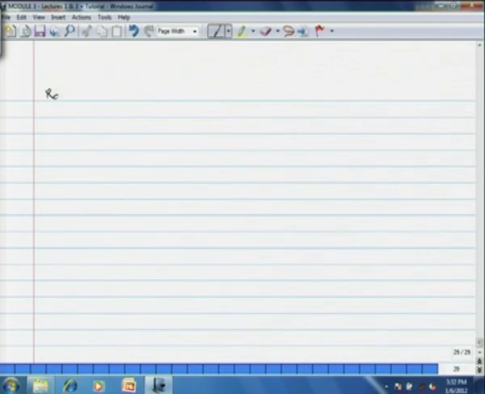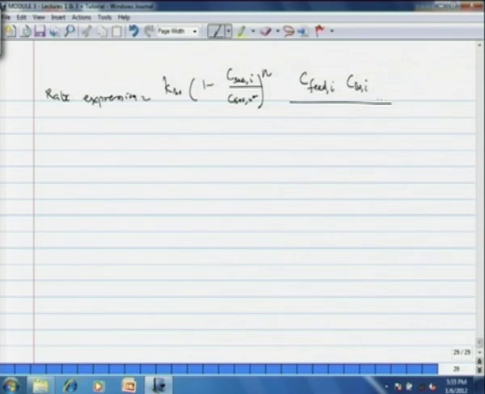So, the rate expression is r = K_BO (1 - C_SEC,i / C_SEC,i*)^n C_BO,i C_feed,i / (C_feed,i + C_M). Now, I will list all the notations in this expression.